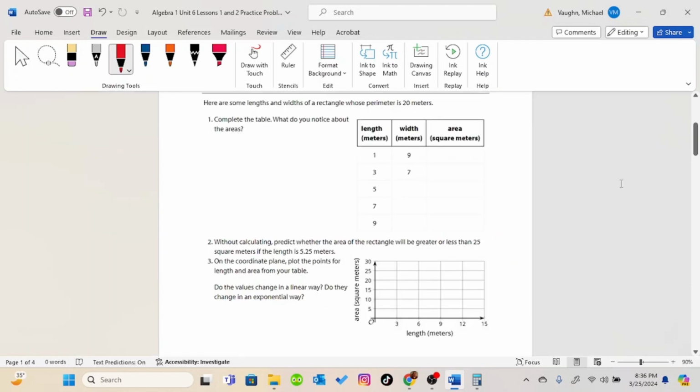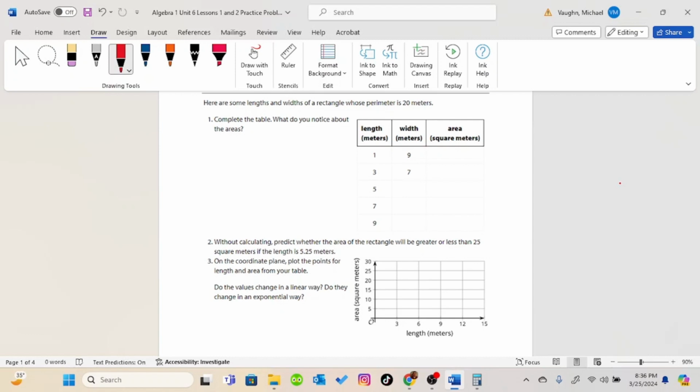Here are some lengths and widths of a rectangle whose perimeter is 20 meters. Complete the table. What do you notice about the areas? So we have length is 1, width is 9.